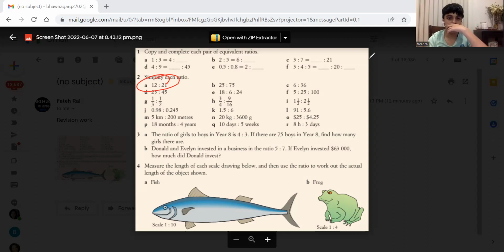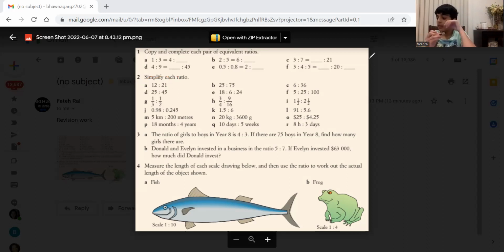Check again. 6 divided by 3 is 2 and 9 divided by 3 is 3. 12 divided by 3 is 4. 21 divided by 3 is 7. So it's 4/7. Okay. So 4/7.